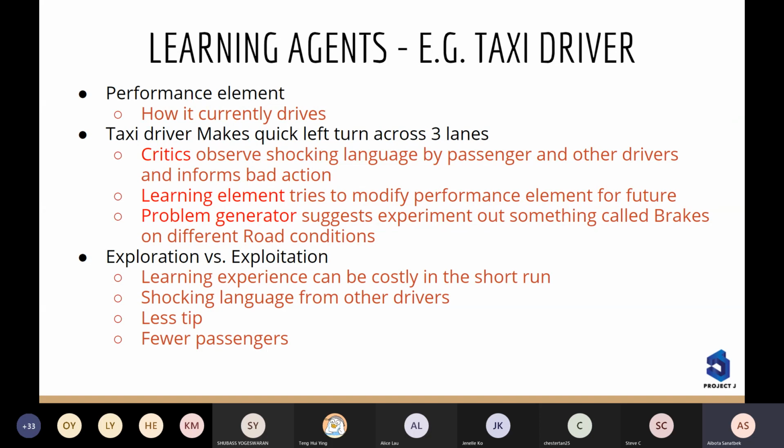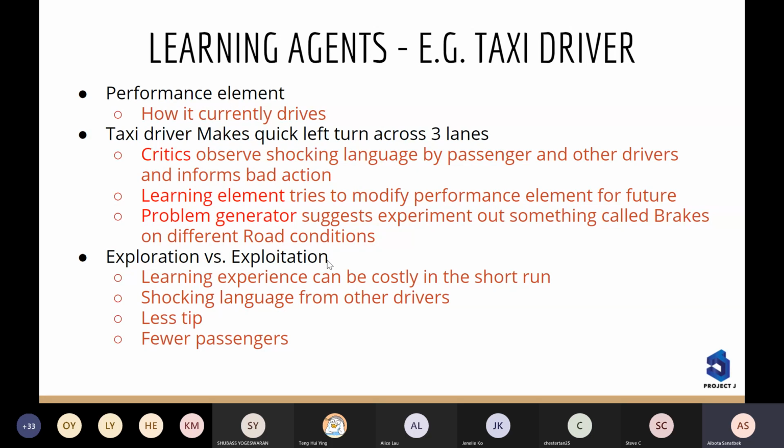But there is a possibility of that exploration process turning into exploitation, because the learning experience can be very costly in the short run, especially, for example, if you implement it for a taxi driver, and it also has bad experiences, like shocking language from other drivers, or very little wage or fewer passengers and so on.